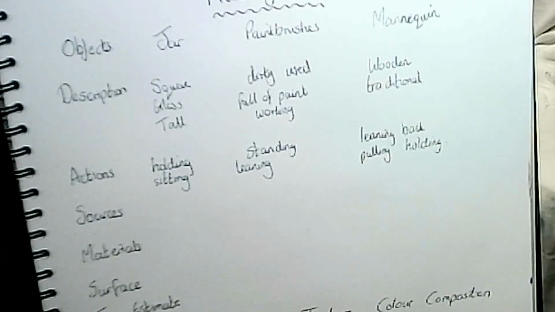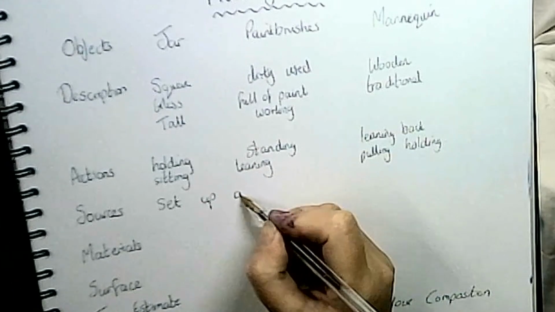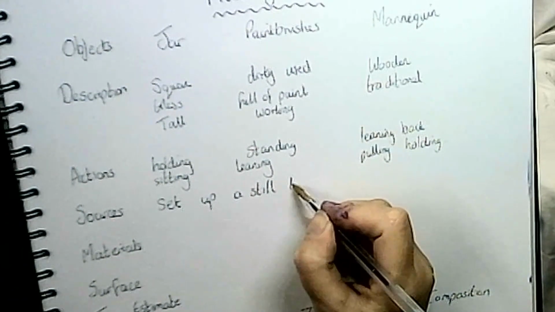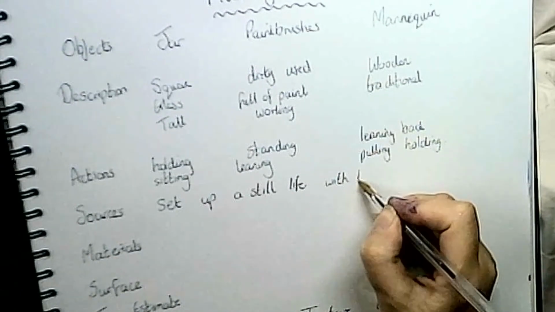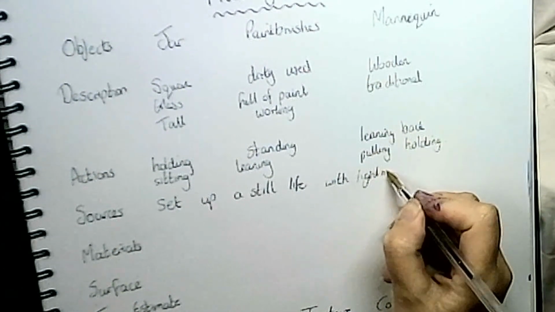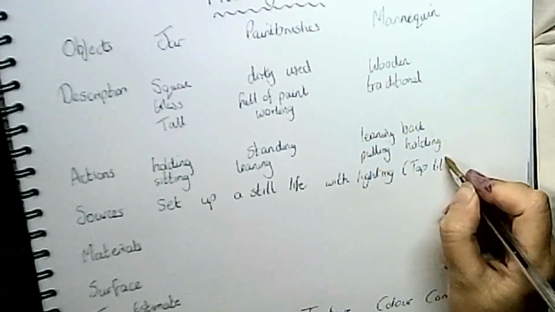Right, what else? I've set up a still life. With lighting: top lit. I've just used a very bright light from the top just to give some nice shadows. There's not a lot of colour in this.